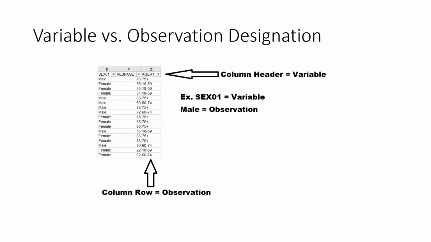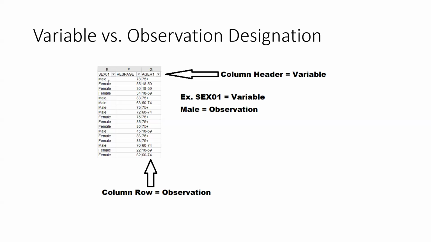Now, if you're working in data science or with a database or in any field related to such, you want to get used to calling the values in the column headers variables. All right, so these are our variables. Sex01 is a variable, rest age is a variable, age R1, that is a variable.